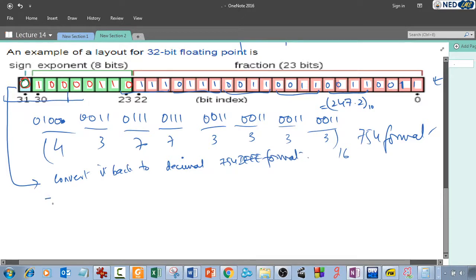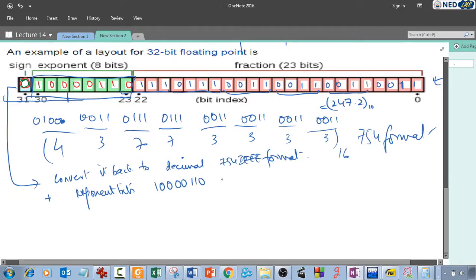That means the number would have been positive. Then the next 8 bits are the exponent bits, that is 1 0 0 0 0 1 1 0.